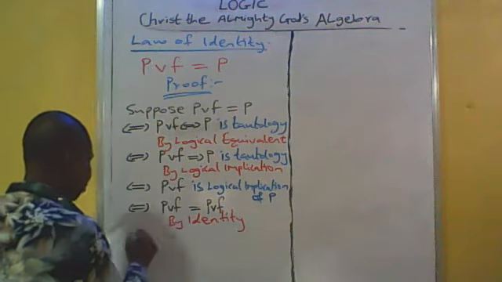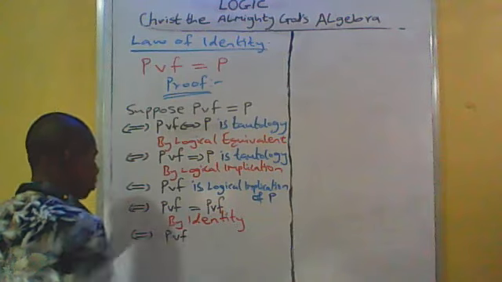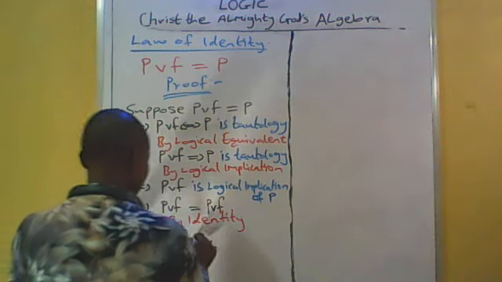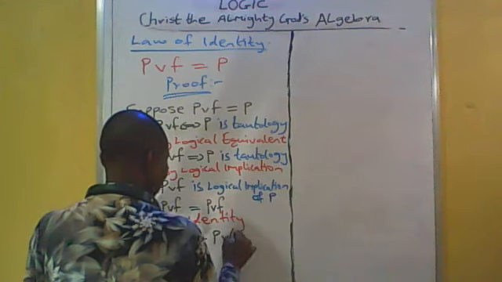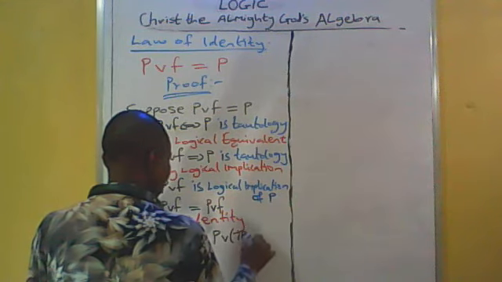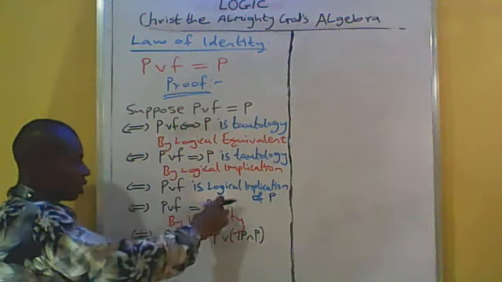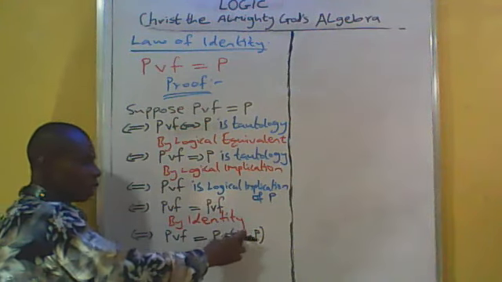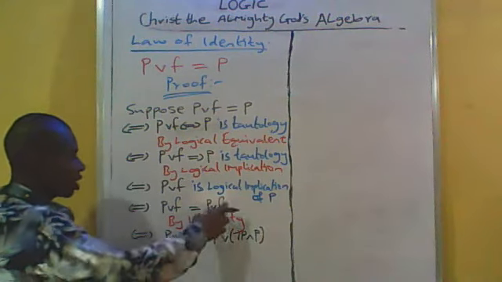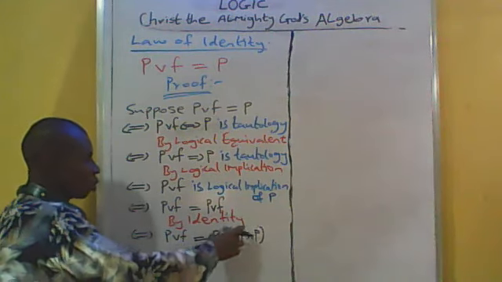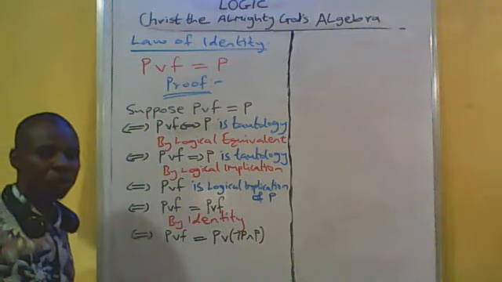If and only if P or F is equal to P or bracket not P and P. You have seen that we have just substituted this F with not P and P. So this F is equal to not P and P by law of complement.